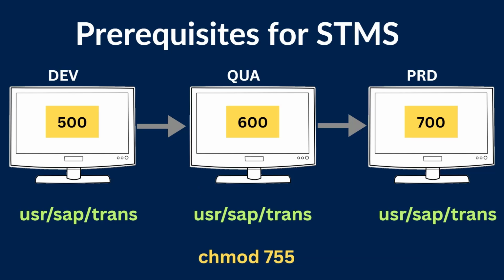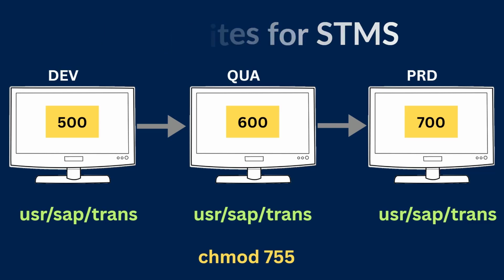This is also one prerequisite. chmod 755 represents read-write permissions if required; sometimes execution permissions are also required.